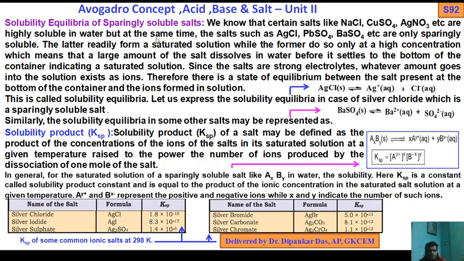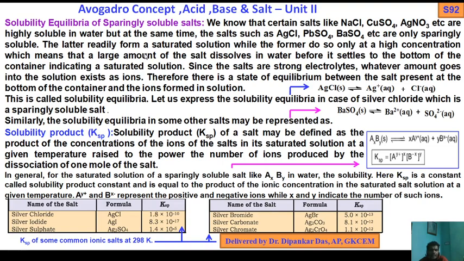Solubility equilibria of sparingly soluble salts. We know that certain salts like NaCl, copper sulfate, silver nitrate, etc. are highly soluble in water, but at the same time salts such as AgCl, PbSO4, barium sulfate, etc. are only sparingly soluble.